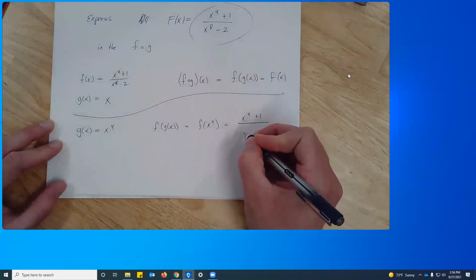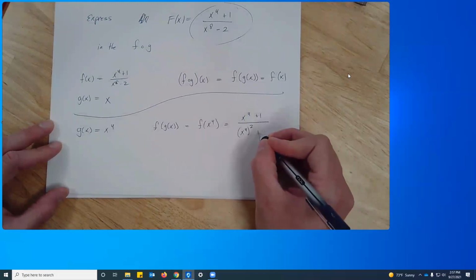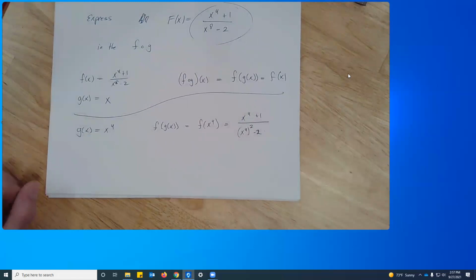And x to the 8th might be useful to think of as x to the 4th squared. So what I'm doing here is making the choice that the input is x to the 4th. I'm still writing the output as what it is, but changing it a little bit so I can see where the x to the 4ths go.